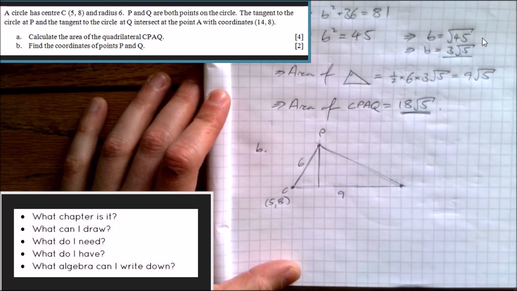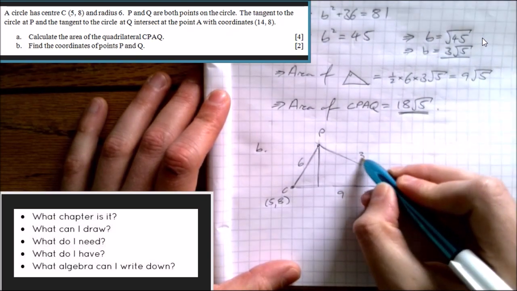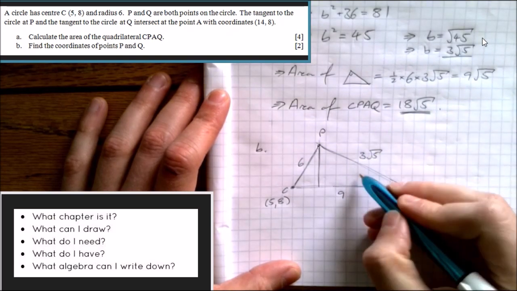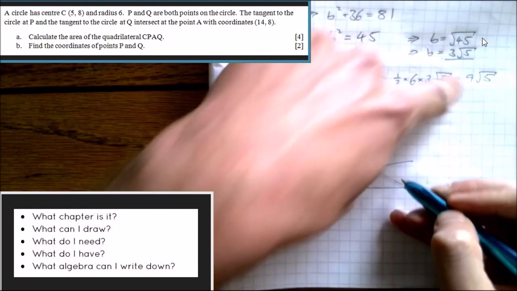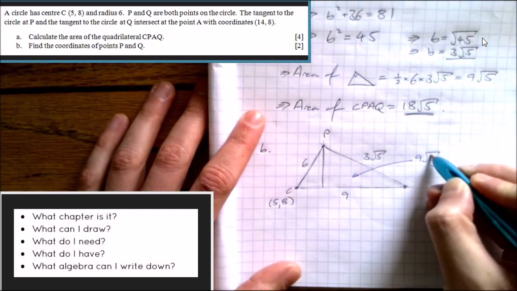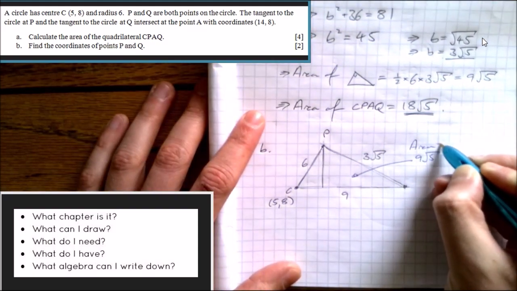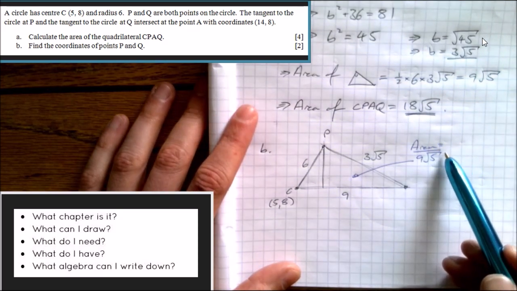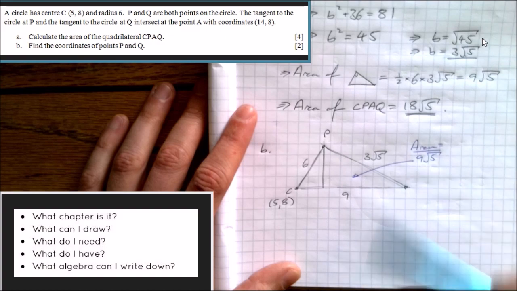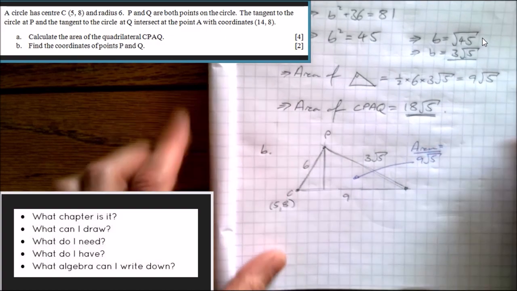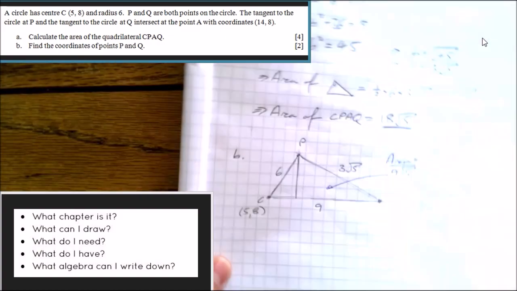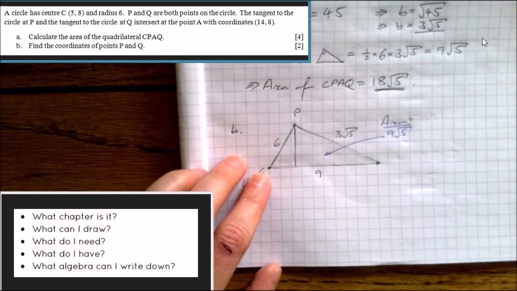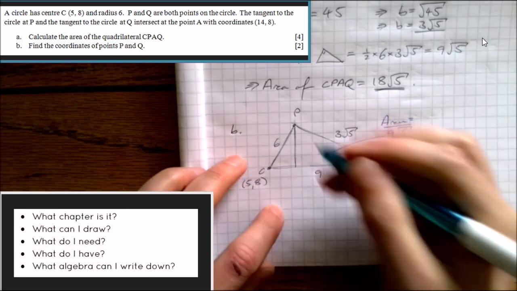Alright, we had that was 3 root 5, and the area of just the triangle was 9 root 5. Well, if I know the area is half times base times height, and it's like we've twisted the triangle around now, so the base is like 9 now, I reckon I could get that height.